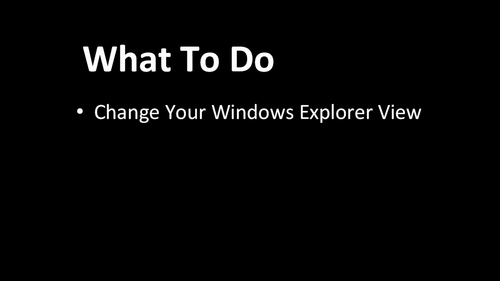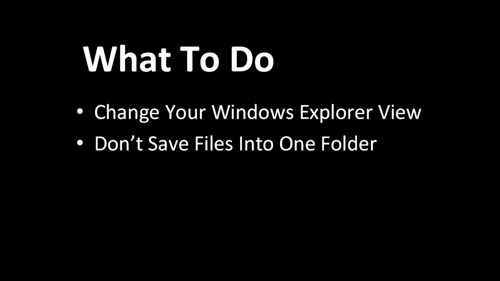Now, what can you do to make sure that your computer's fast when you open up your files and folders? Well, the first thing you can do is change your Windows Explorer view. That way, your My Pictures isn't set to view with thumbnail preview. It's set to view in a list or in a details view. Second thing is, don't save all your files into one folder.